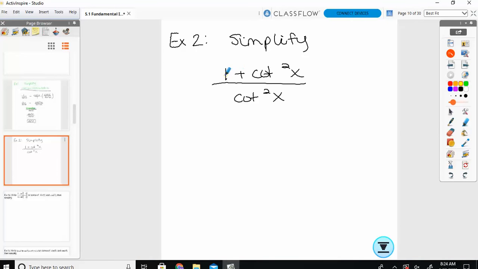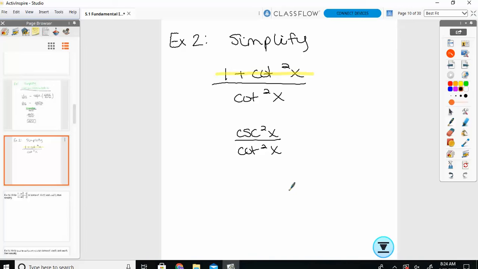Okay, so 1 plus cotangent squared, we wrote down from our formulas, is cosecant squared. All right, do we have an identity that tells us what cosecant squared divided by cotangent squared is? Probably not.